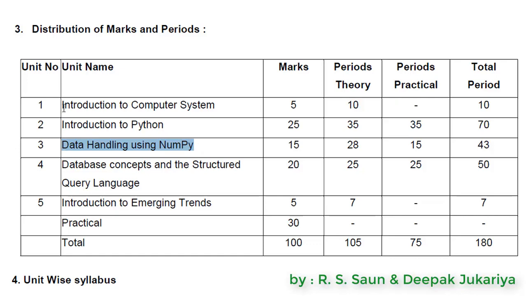Up to the half yearly we will have these three chapters, and for MCT 3 we will have the chapter on database concepts and the structured query language, which is of 20 marks. So by December we are going to cover this. And emerging trends is only 5 marks, and the required periods are 7, so only one week's time is needed. So in the winter classes we are going to complete this. So this is the division of your syllabus.